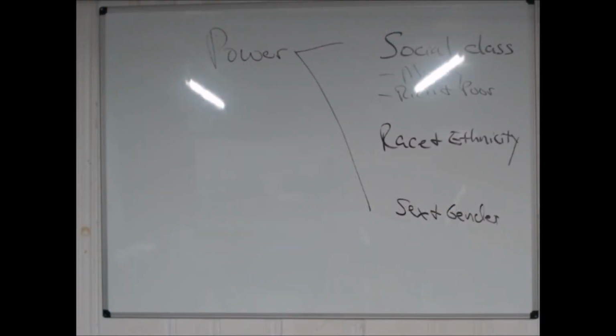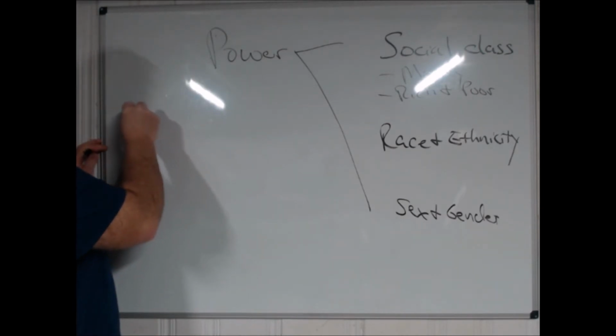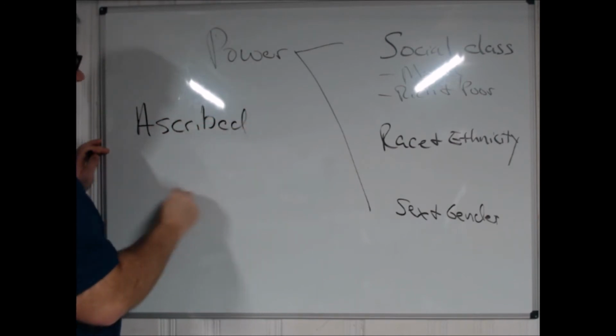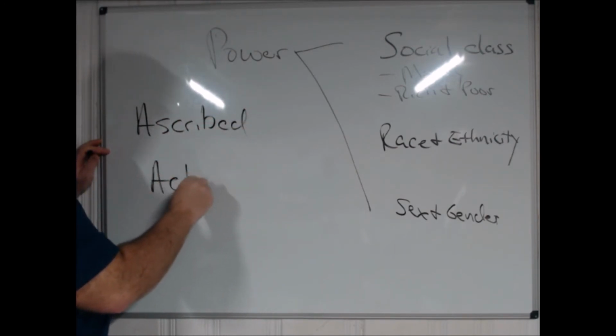How do you get access to money? How do you get access to being rich or poor? Is that something that is an ascribed status or an achieved status? I wish that we were in class, because that is something we would talk about. Is social class an ascribed or an achieved status?